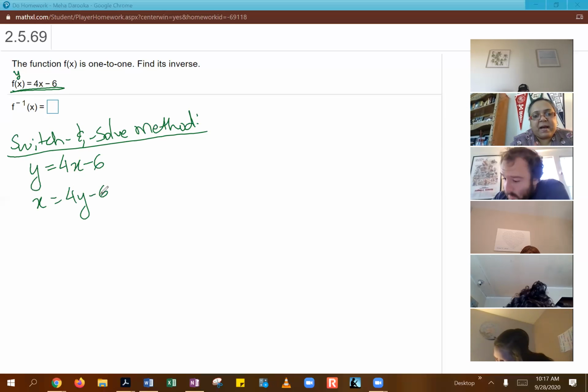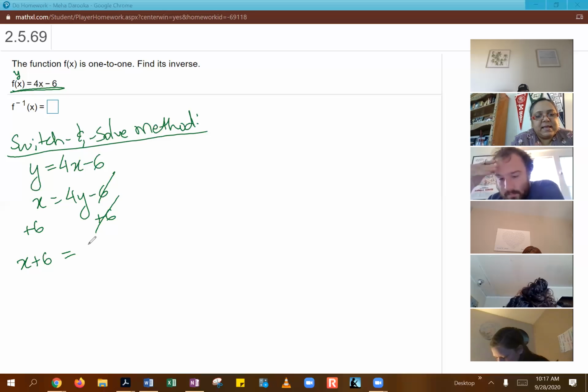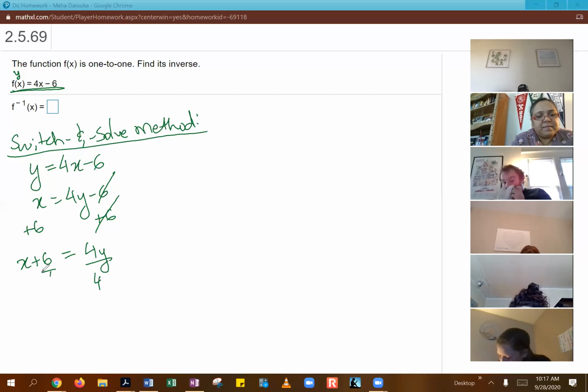We would start by adding 6. That will cancel out on the right-hand side. We end up with x plus 6 equals 4y. And again, to get y by itself, divide everything by 4.